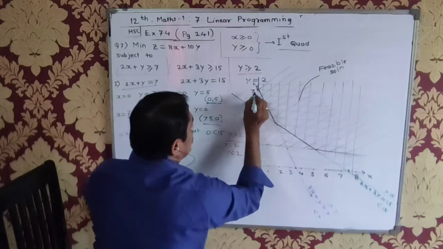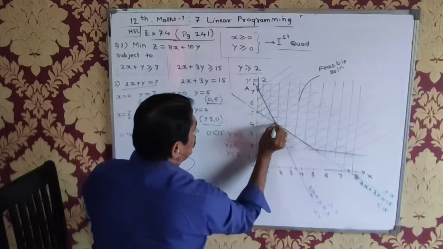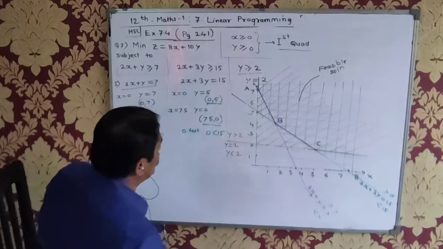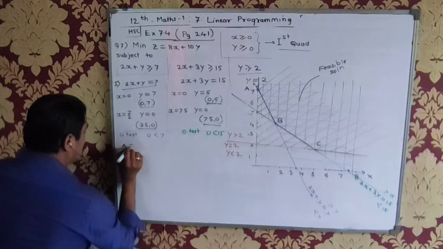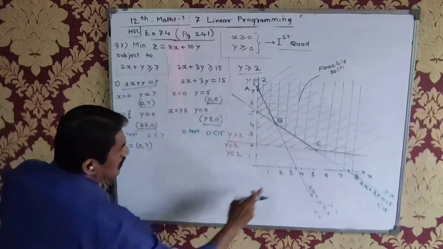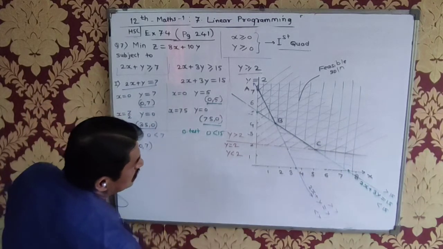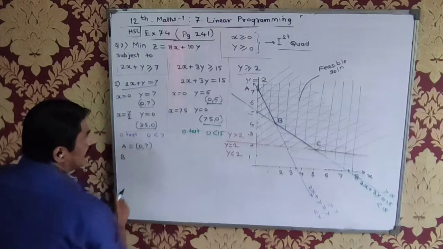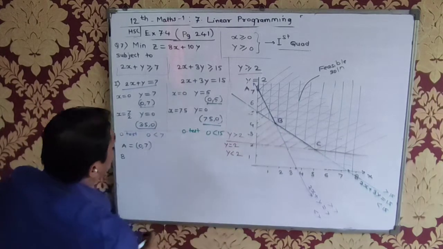और इस feasible solution के लिए मुझे A, B, C इनके coordinates find out करने पड़ेंगे. तो A के coordinates हैं (0, 7). I have to find out B and C. So B is point of intersection of blue and green line.